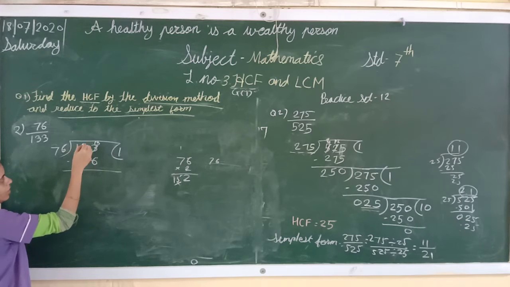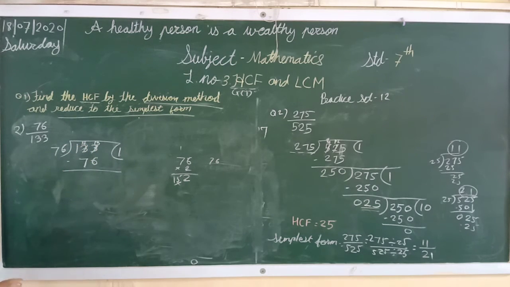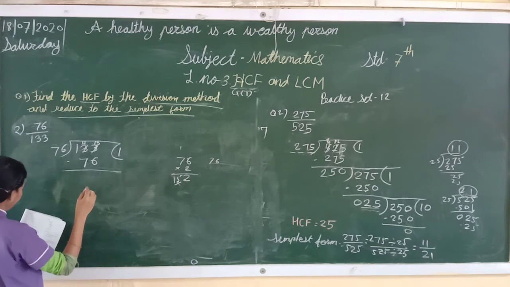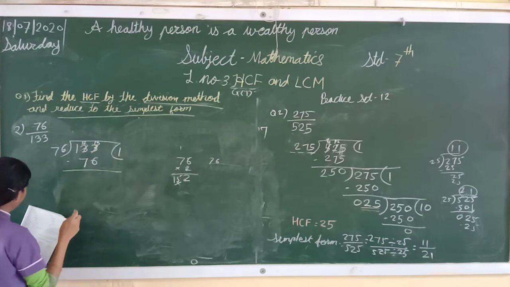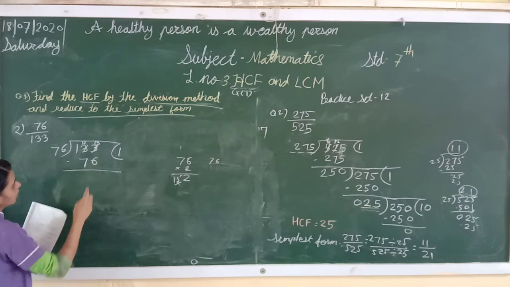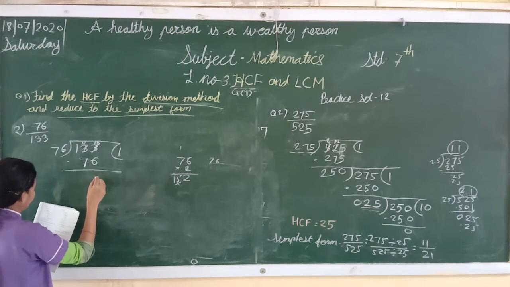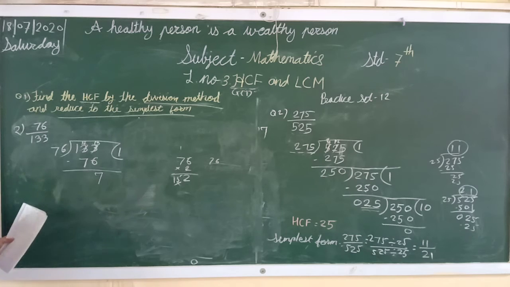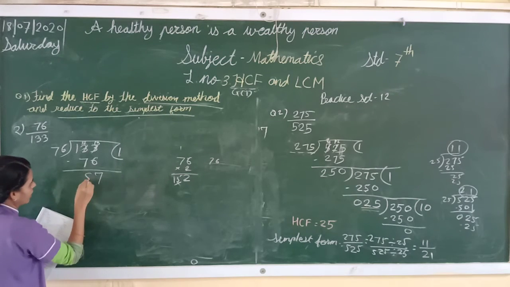So 13 here and here 13 and here 12. So 13 minus 6, 7. And 12 minus 7, 5.